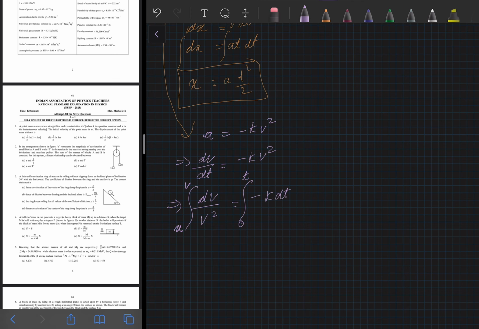On the left hand side, we are going to integrate from u till v.